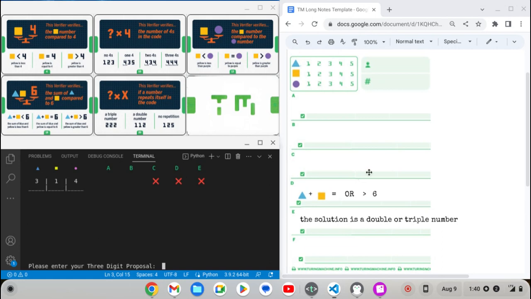So let's go ahead and update our notes for that. And that again is that square is equal to or greater than circle.